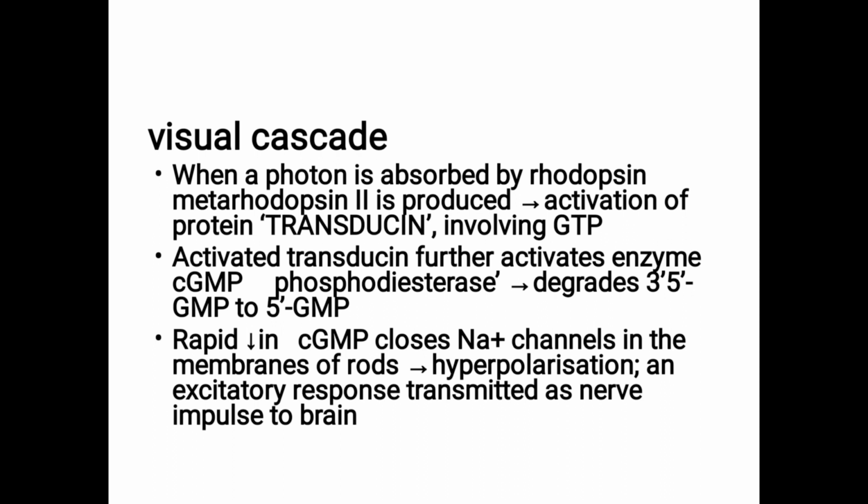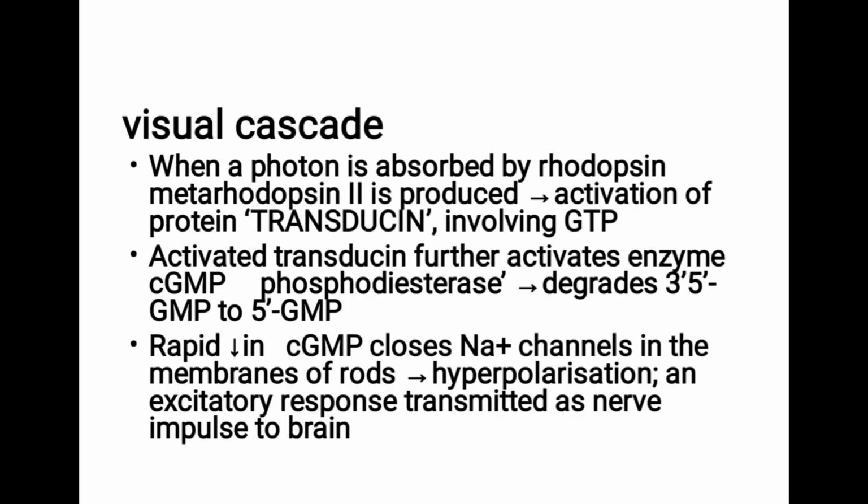In the visual cascade, when a photon is absorbed by rhodopsin, a compound called metarhodopsin II is formed. This metarhodopsin II activates the protein transducin, which involves guanosine triphosphate.